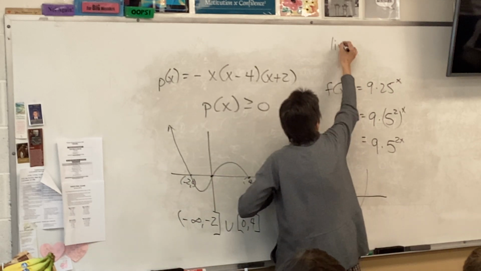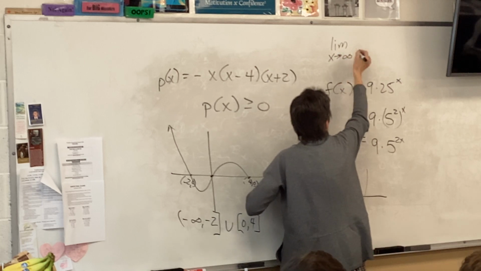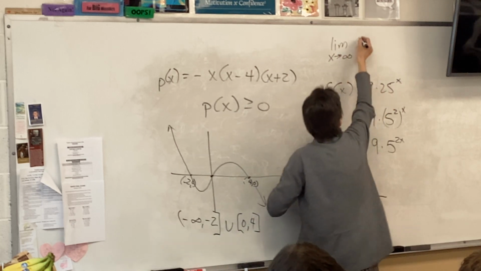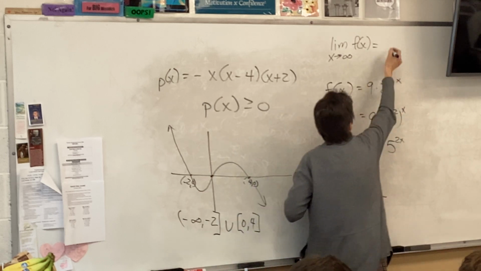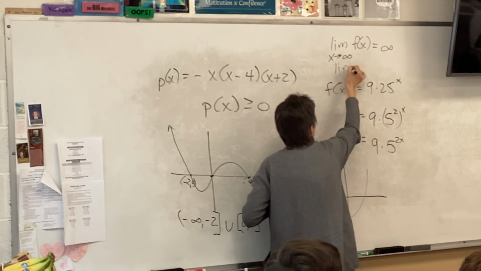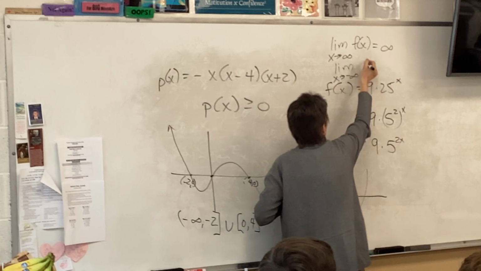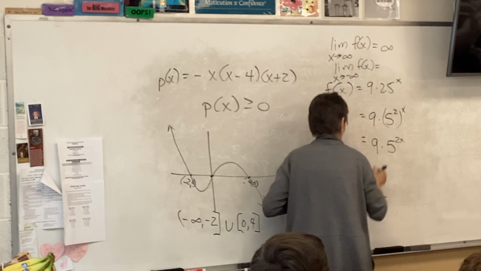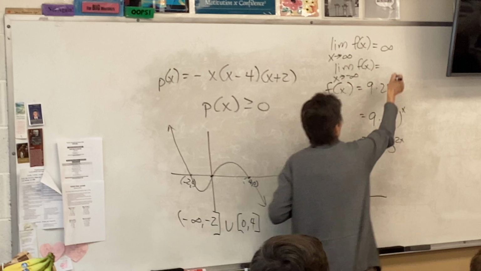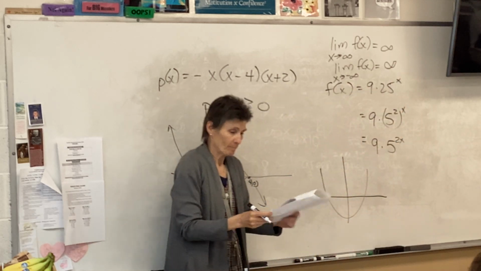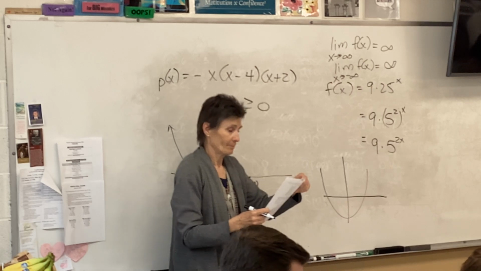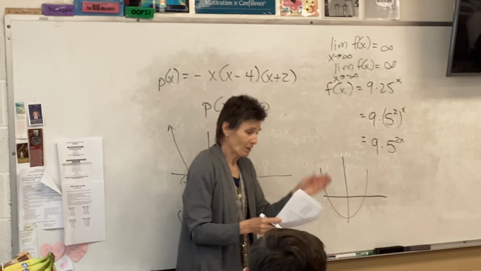The limit as x approaches infinity of my function is what? Infinity. And the limit as x approaches negative infinity is infinity. This is so cool, we know what we're doing.